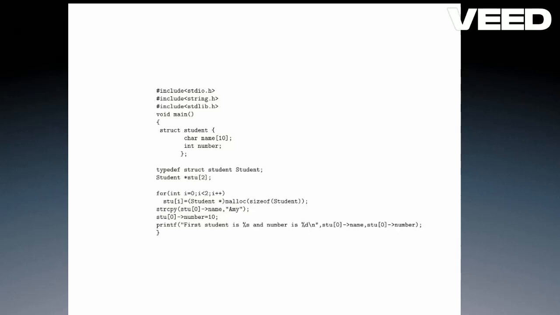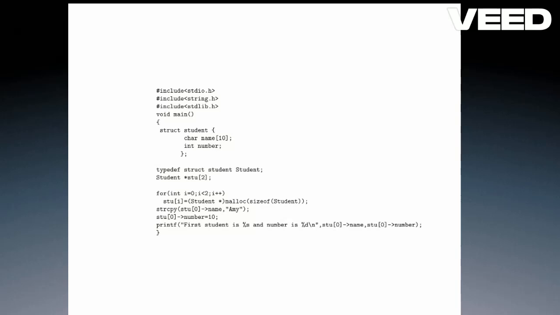And here I have done the pointers. So again, everything is same here, and you can see that typedef struct student, the user defined data type. But now I am declaring an array of pointers to this data type.